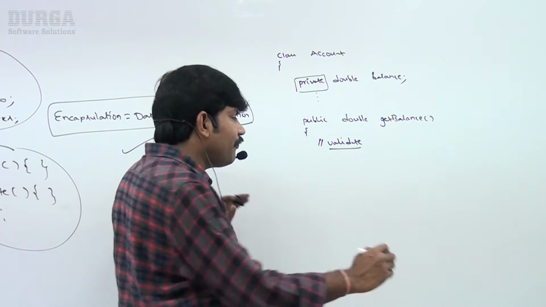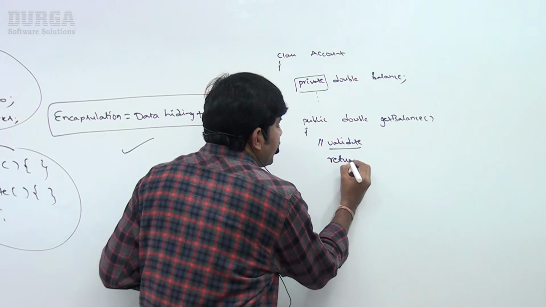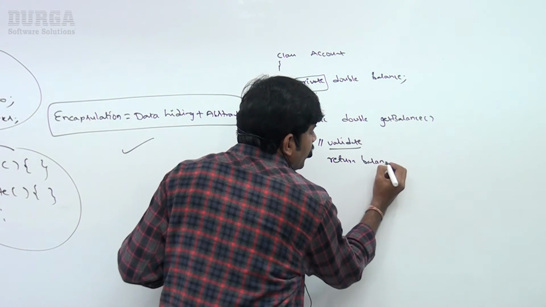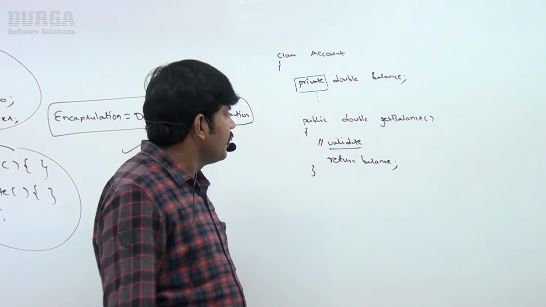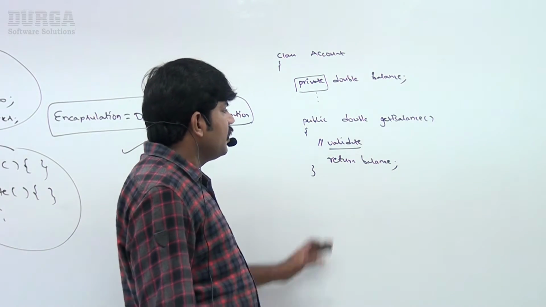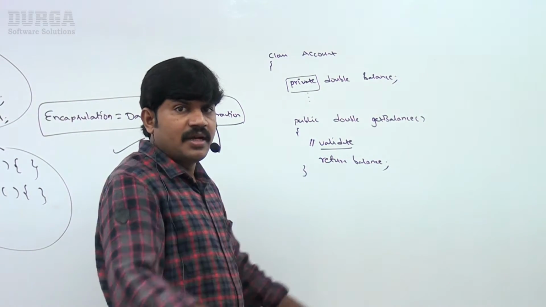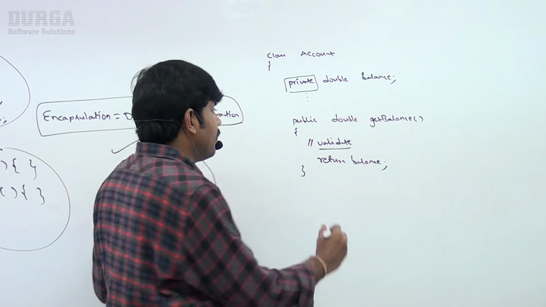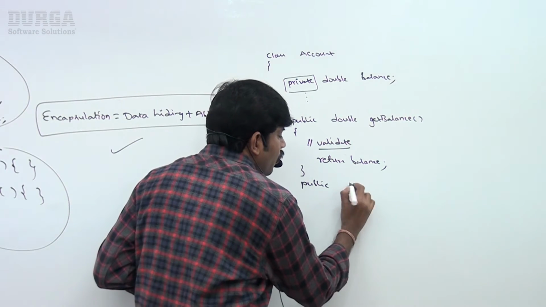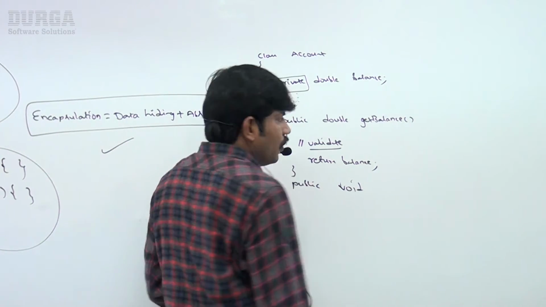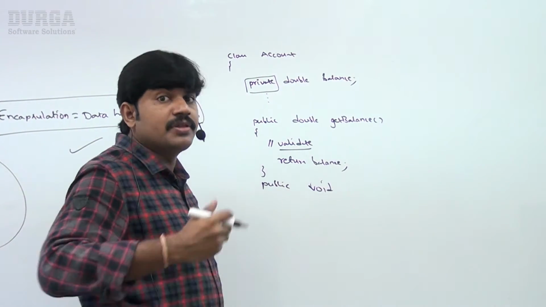If this person is valid, return balance, like this, right? Now, sir, I want to update my balance. I want to deposit. I want to update my balance. Something like public void. Okay. Sir, I want to perform a withdraw operation.